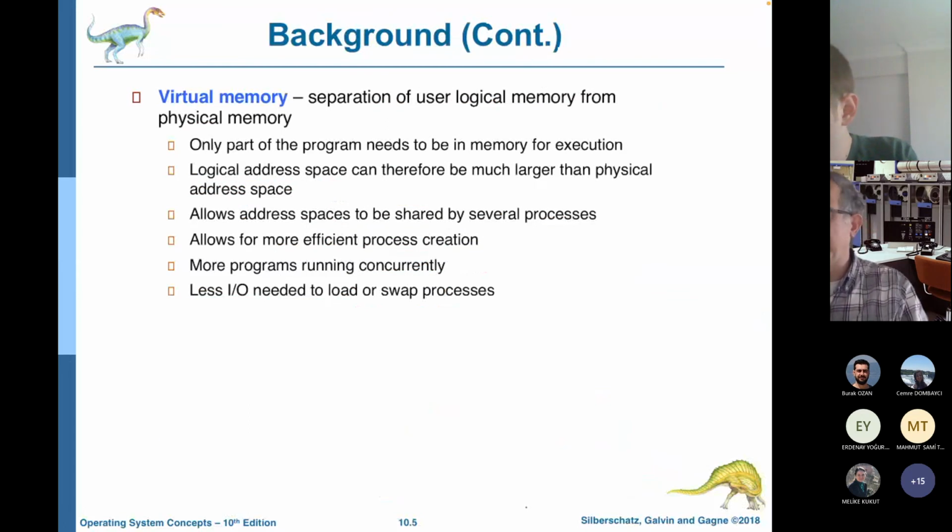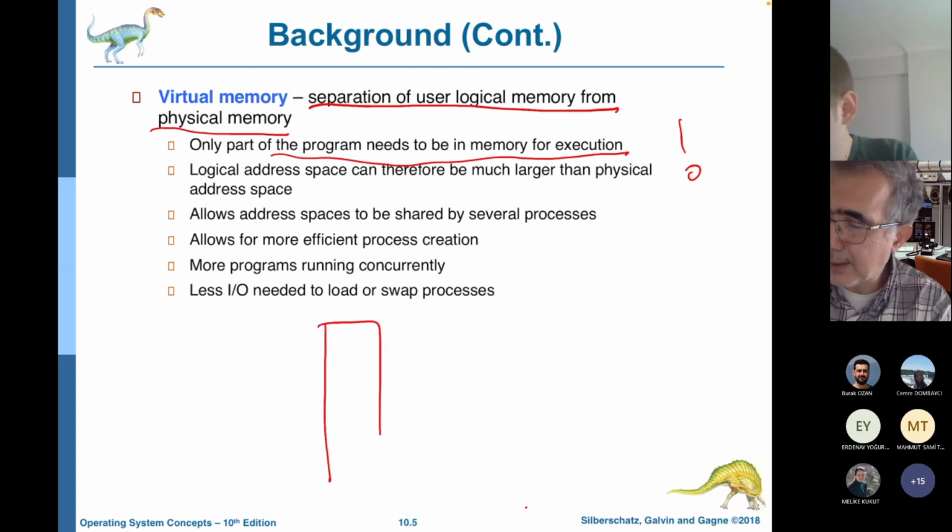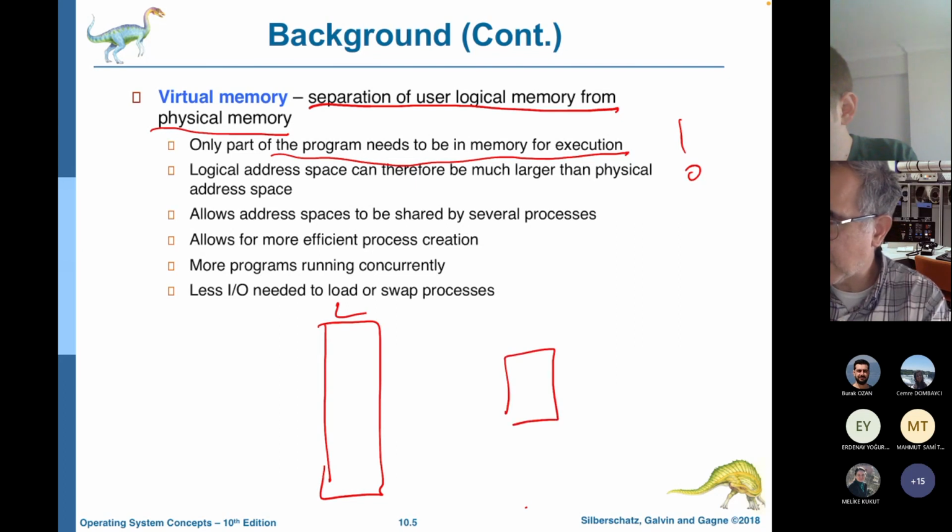In the virtual memory, separation of user logical memory from physical memory was provided from the paging architecture. Furthermore, only part of the program needs to be in memory for execution. This is important. Then it will allow us the fact that logical memory can be much larger than physical memory.